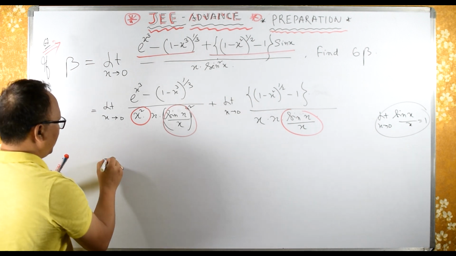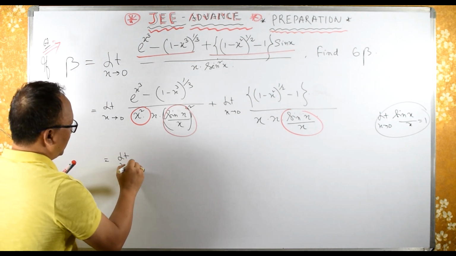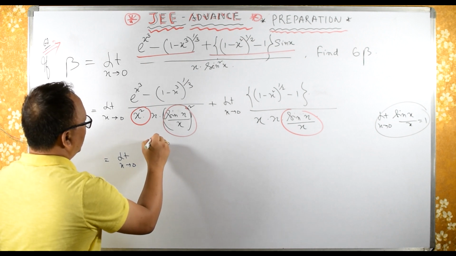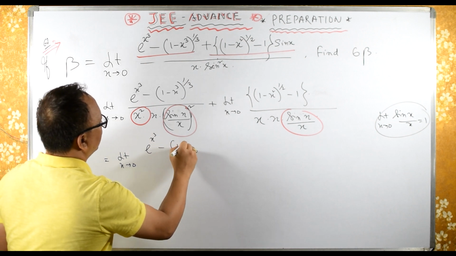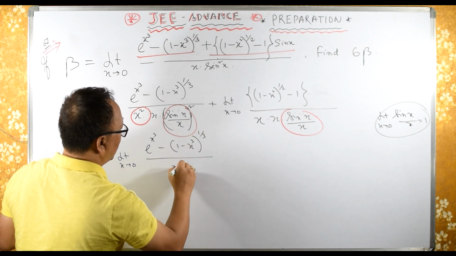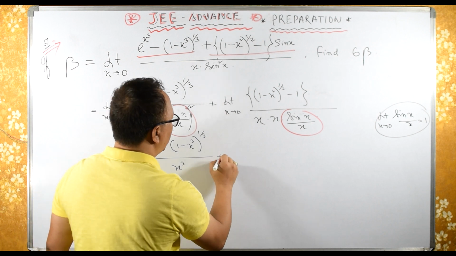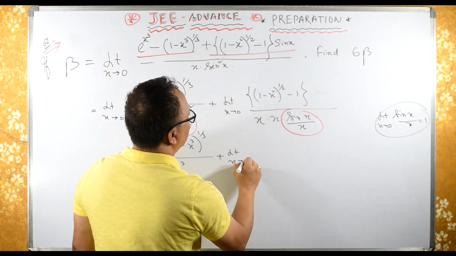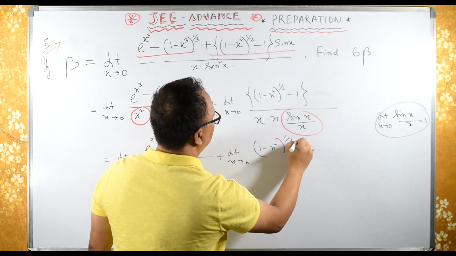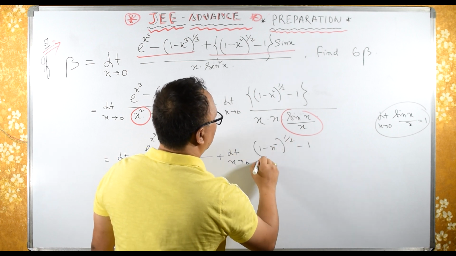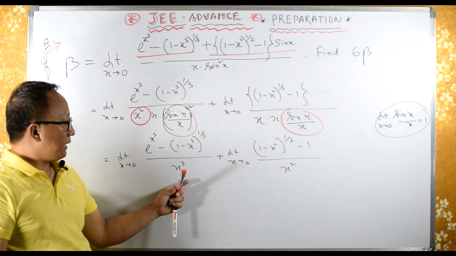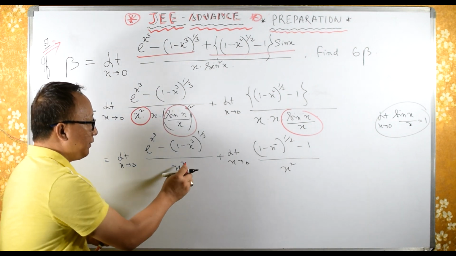So what we have is limit of x tends to 0 of (e raised to x cube minus 1 minus x cube) raised to 1 by 3 upon x cube, plus limit of x tends to 0 of (1 minus x square) raised to half minus 1 upon x square. Look here, now in the denominator we have 3.